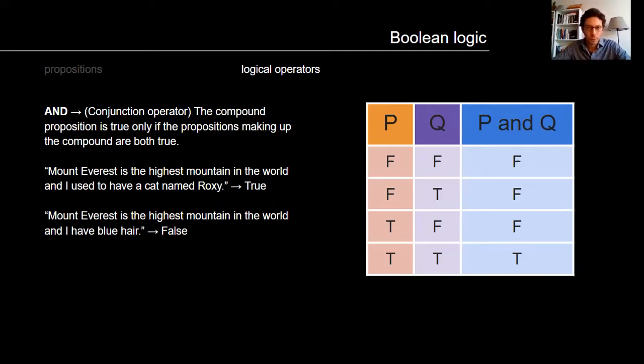In this case, for instance, look at the first example on the left-hand side. Mount Everest is the highest mountain in the world, and I used to have a cat named Roxy. P stands for Mount Everest is the highest mountain in the world. In this example, P stands for the first part of that compound sentence that you can see before the operator and. Q stands for the right-hand side of the and. I used to have a cat named Roxy.